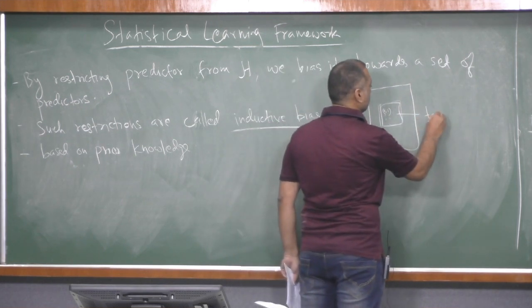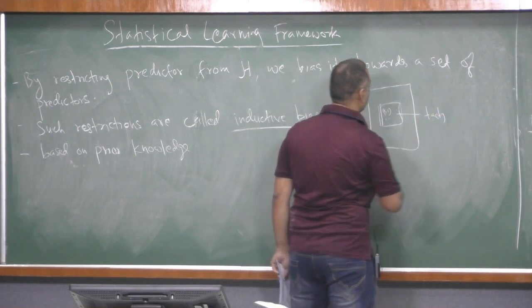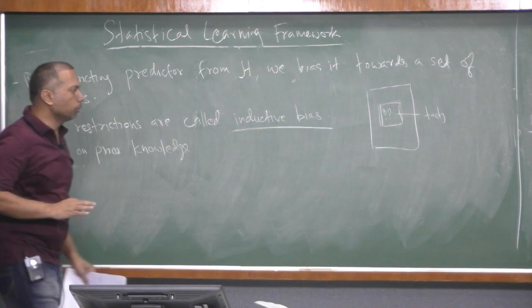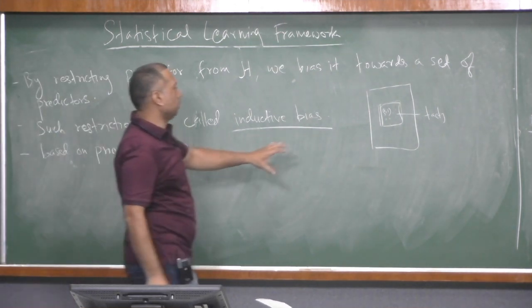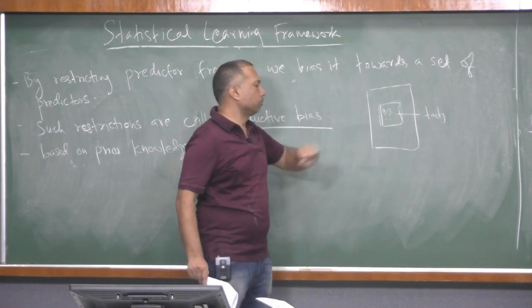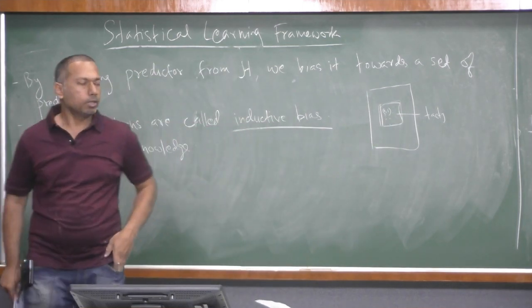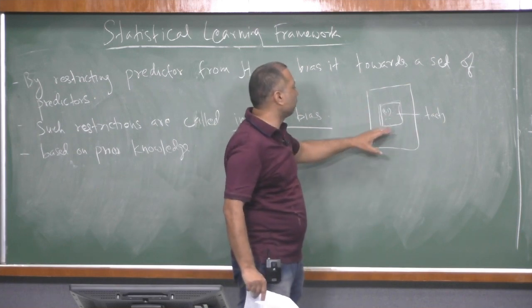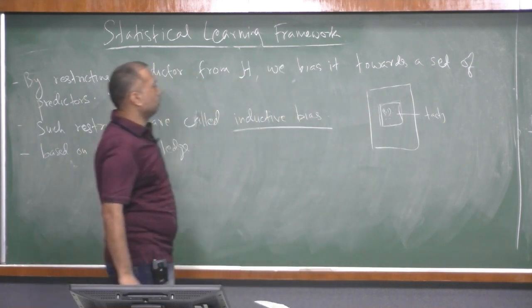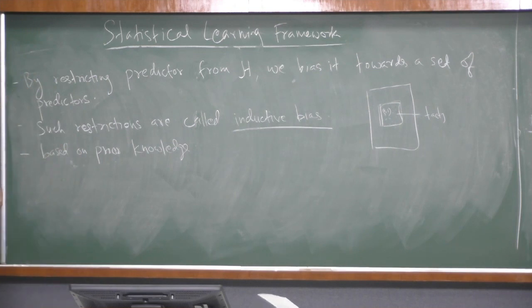So these are the tasty papayas. In this scenario, we may plot the data a bit, and then maybe we can go with the hypothesis class of axis aligned rectangles in this case.